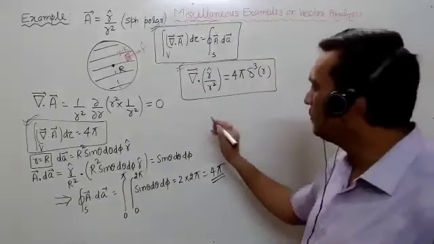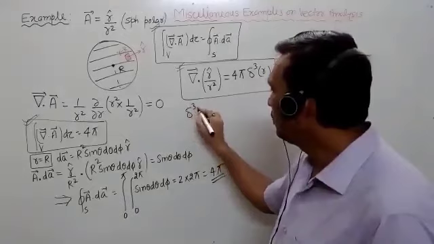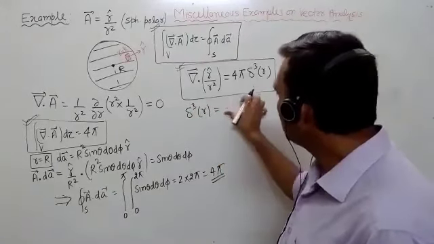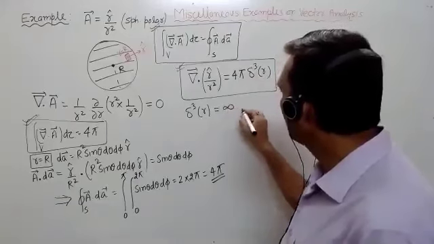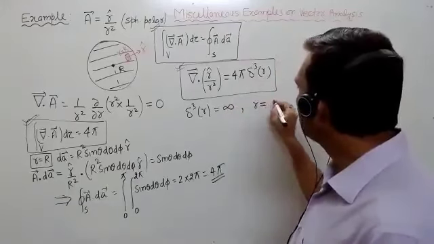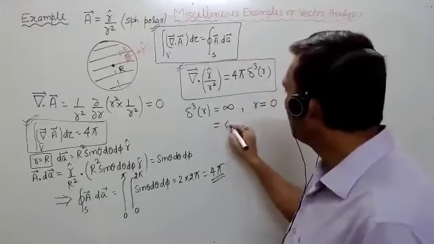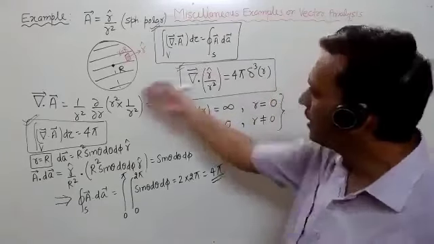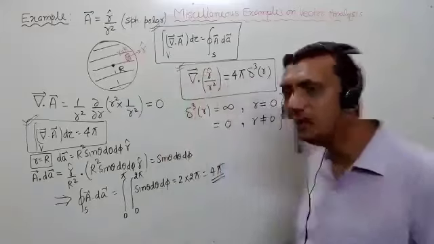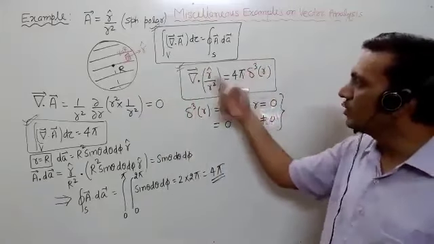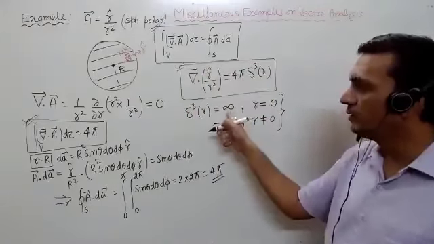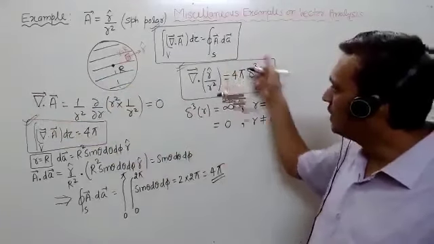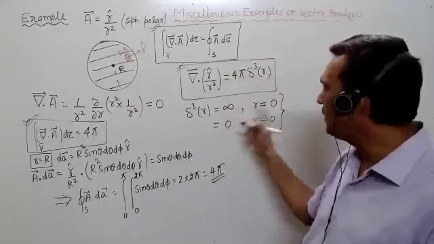If you see Dirac delta function, how to define Dirac delta function? This is infinity at r is equal to 0, and this is 0 when r is not equal to 0. So you can easily explain divergence of this vector function. You can see this will be 0 at all point except at one point.